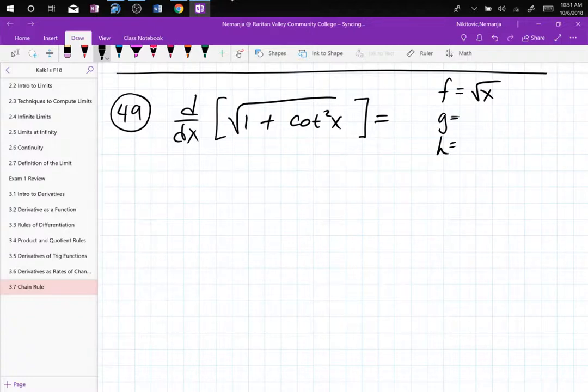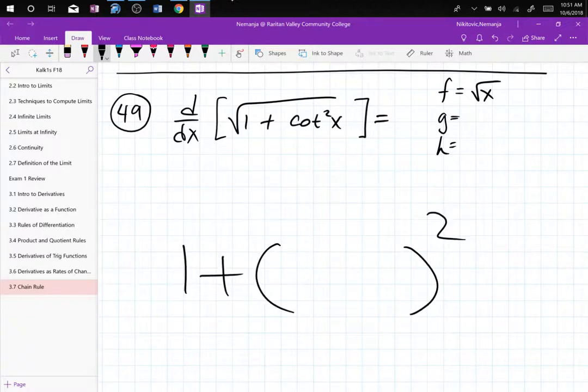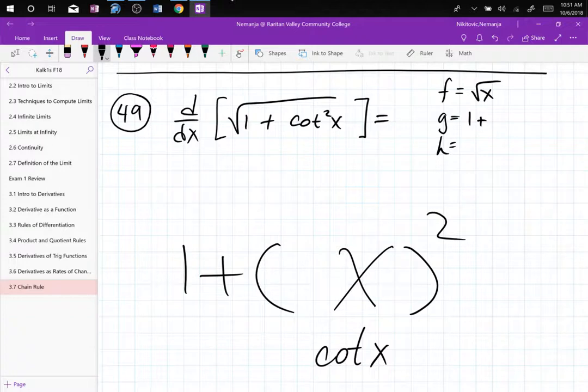Yes! 1 plus x squared. Because cotangent is plugged into the square, right? This is 1 plus something squared. Call that something x, and then later it will be cotangent x. So 1 plus x squared, with x being cotangent x.